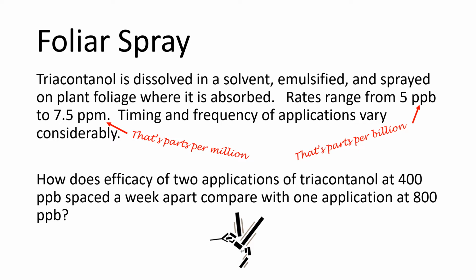When you look at the science out there, we're just barely understanding this because, you know, maybe two applications at 400 parts per billion spaced a week apart are equivalent to one application at 8 parts per billion, or maybe it's better. There haven't really been too many studies that have shown how application frequency affects it.